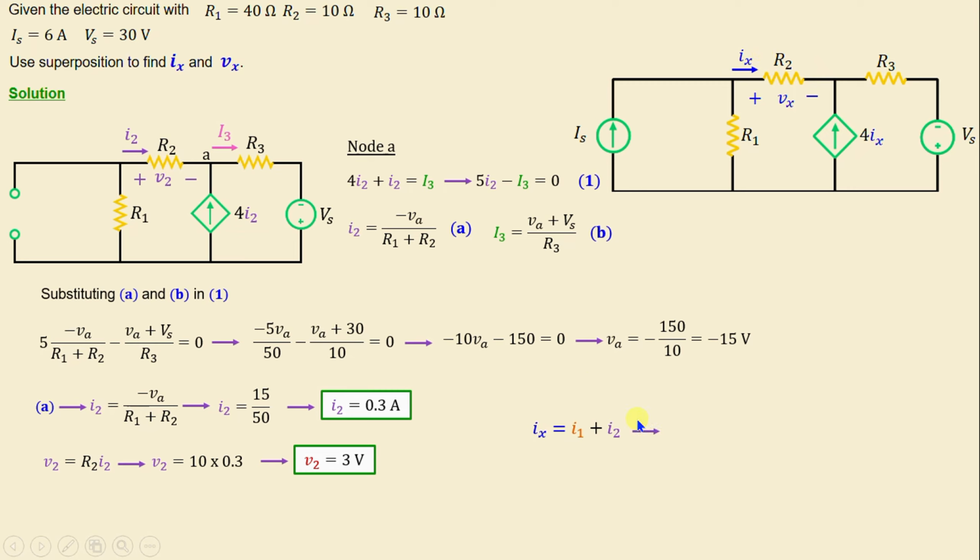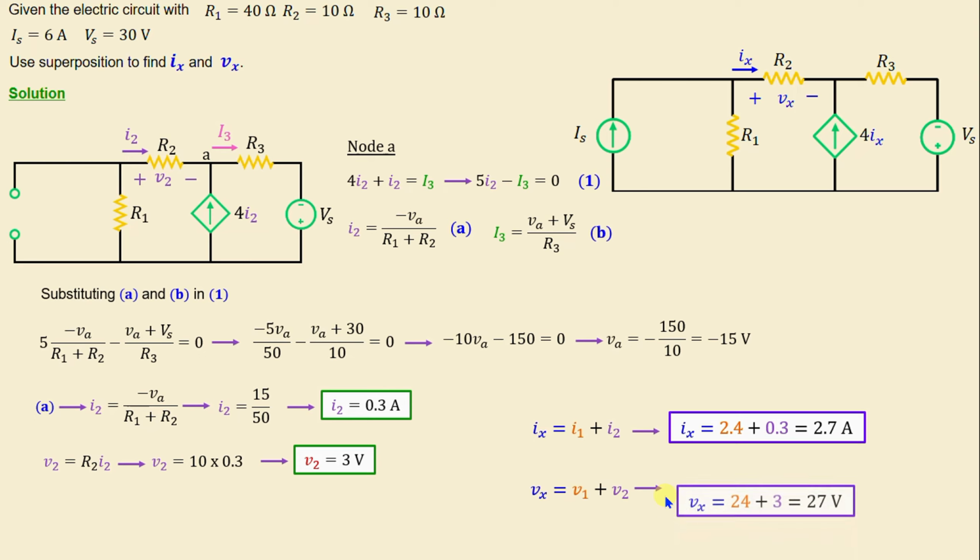And if we replace I1 and I2 with their numerical values, we obtain Ix is equal to 2.7 amps. And the voltage Vx across the resistor R2 is equal to V1 plus V2. And if we replace V1 and V2 with their numerical values, we obtain Vx is equal to 27 volt.